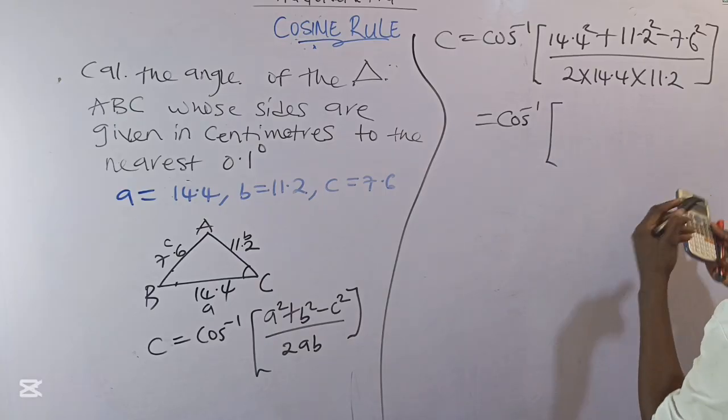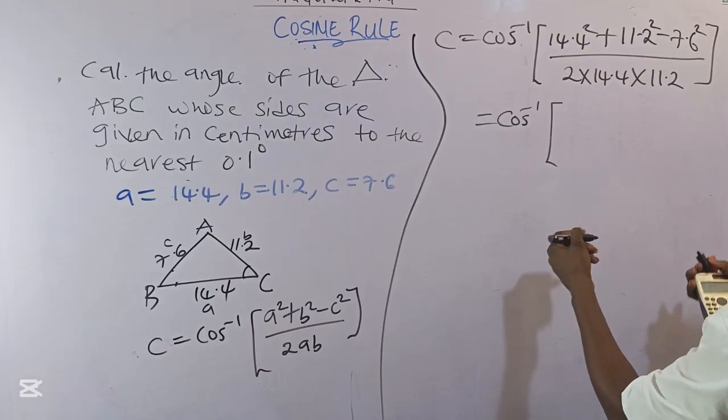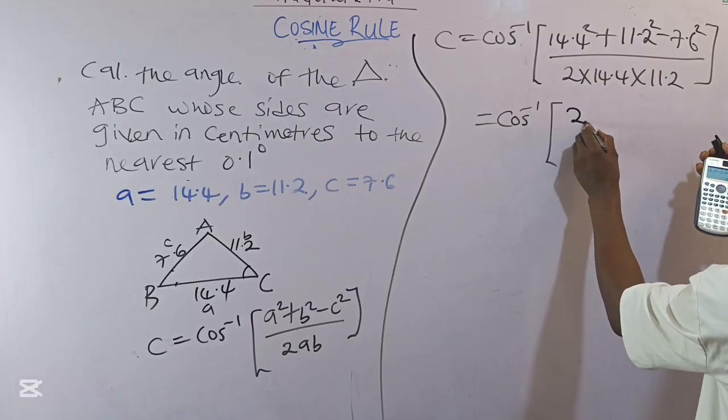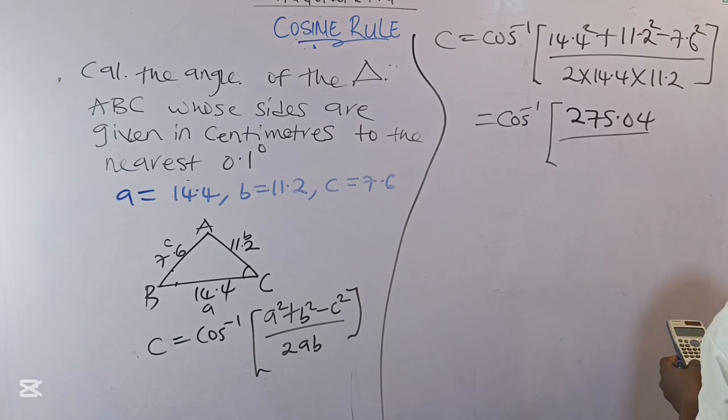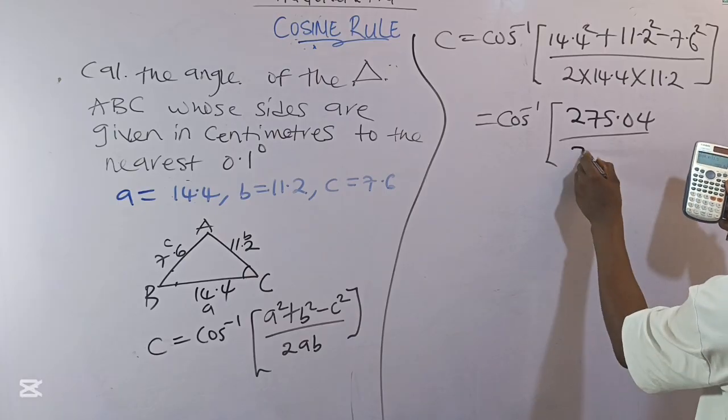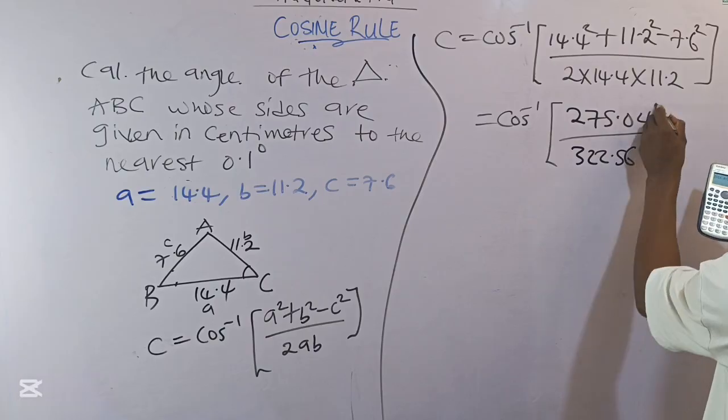And this simply gives me 275.04 all over, and I'll multiply the denominator 2 times 14.4 times 11.2 to give me 322.56.